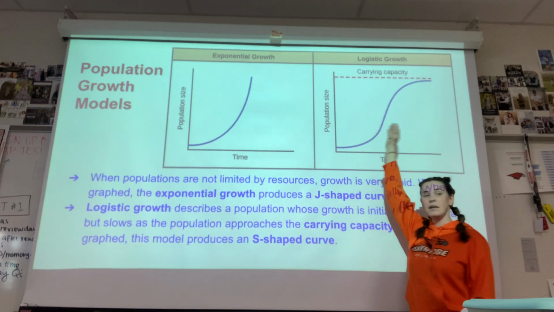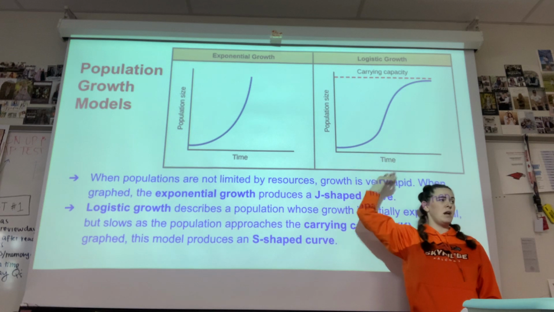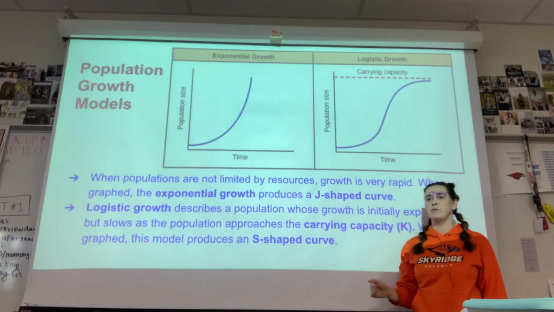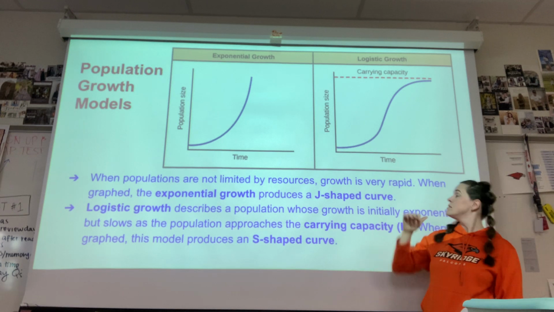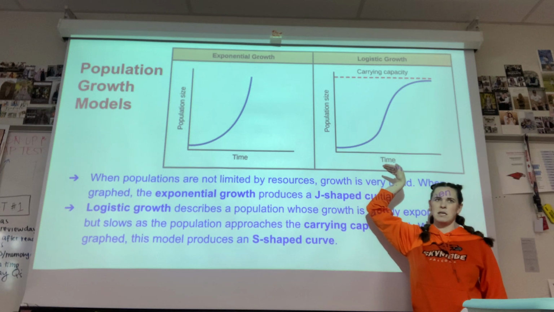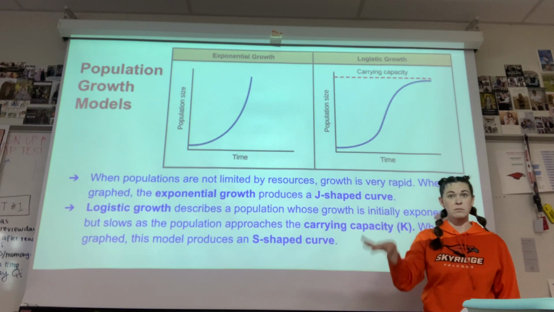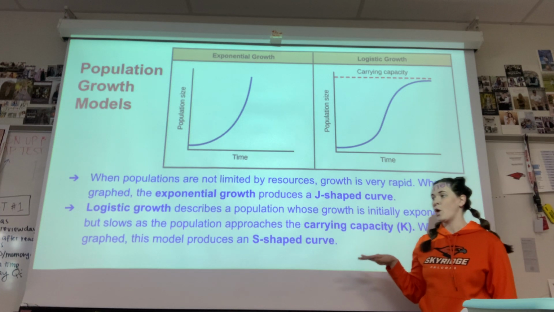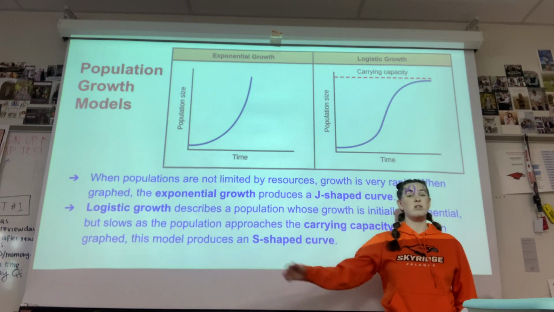However, there is going to be a point in the population where the ecosystem or the area that we're living in runs out of resources or only has so many resources for a population, and so it's going to stop its growth. We call that the carrying capacity. If you want to think about it like here in our classroom, our population can grow to about 42 students, and then there's no more seats.